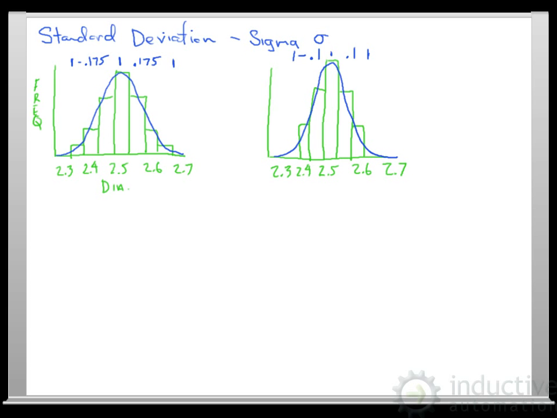And the last scenario, kind of the opposite extreme, we'll take a look at here. It's a little bit flatter.